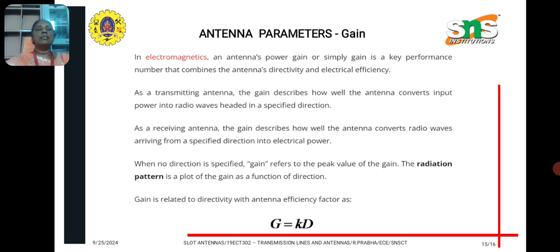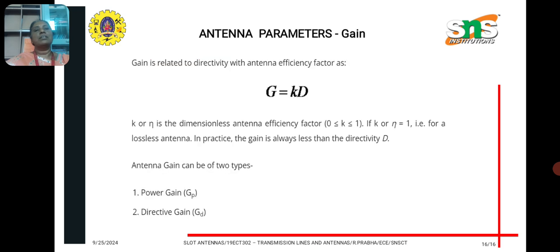So when no direction is specified, gain represents the peak value of the gain. And the radiation pattern is a plot of the gain as a function of direction, and it is related to the efficiency factor as G is equal to KD. So here G is the gain, D is the directivity, K is the efficiency factor of the antenna.